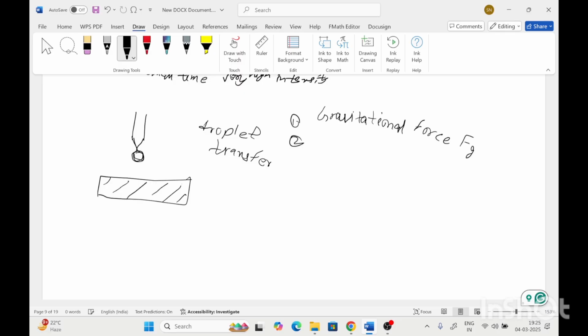The second force is the aerodynamic force, Fd. The third is the electromagnetic force in the arc. The electromagnetic force comes from the electric field in the arc.